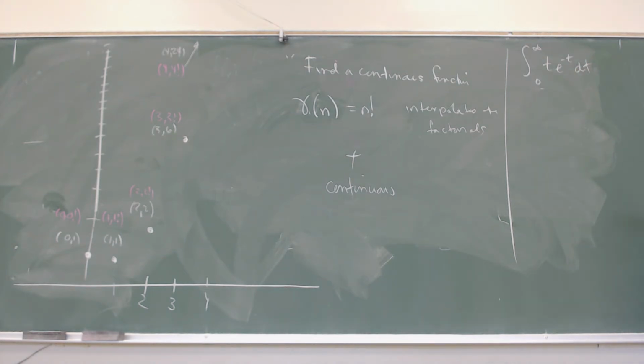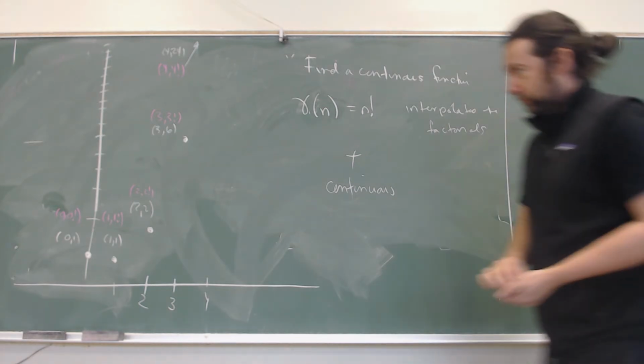If you're playing around with the Laplace transform in 1720, 1730, this is an obvious integral to have considered, right? This is a very obvious thing to have considered. So the question is, okay, how do we integrate this? And I'm going to have to remind you about all kinds of things from calculus 3, where you do improper integration and integration by parts. All right, so let's actually do that real quick.